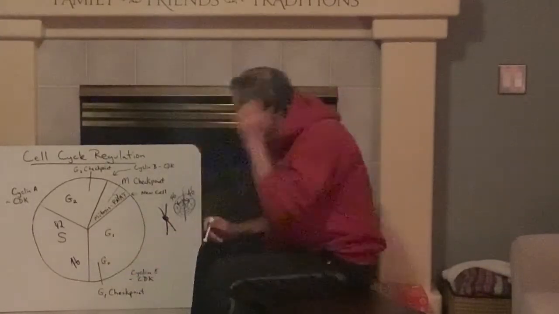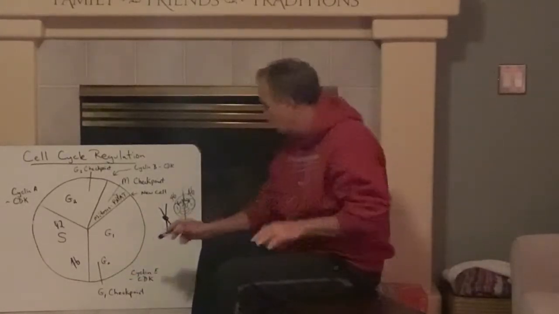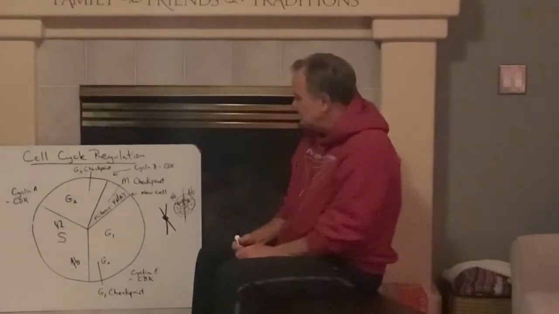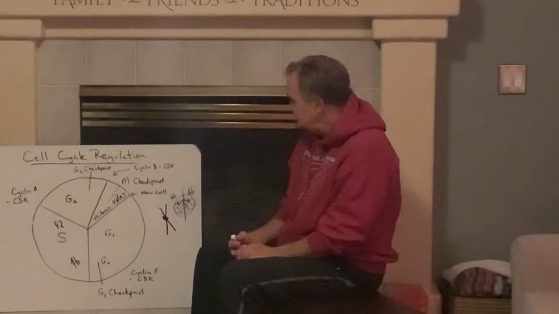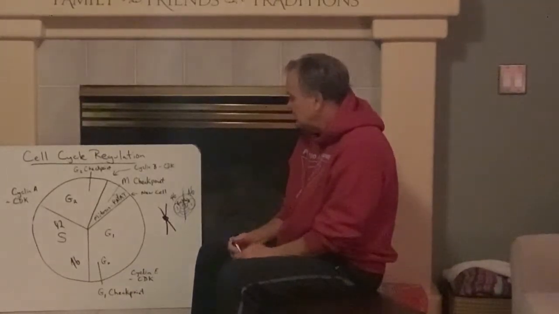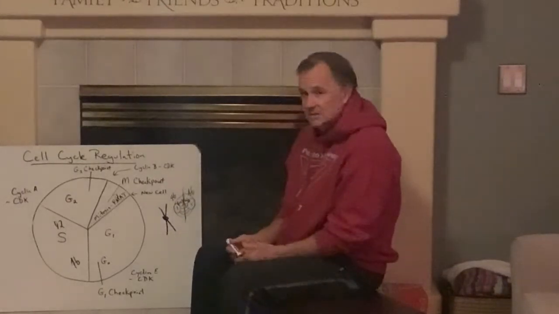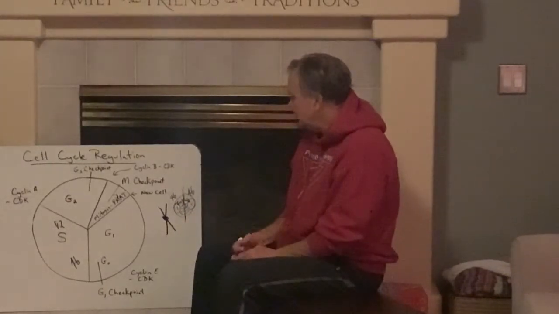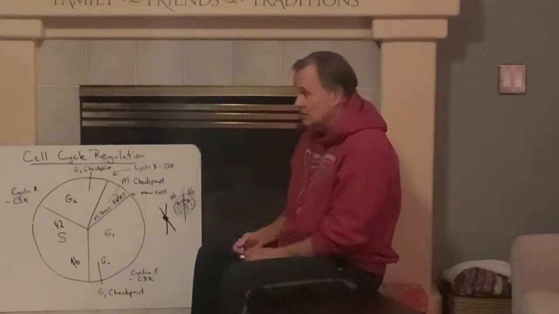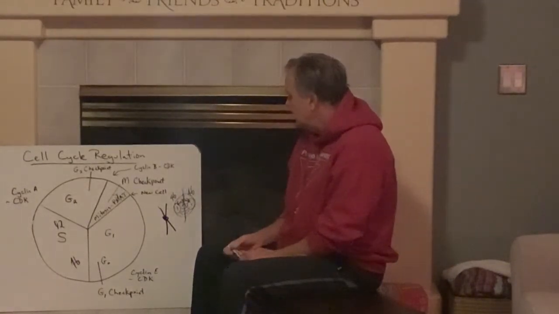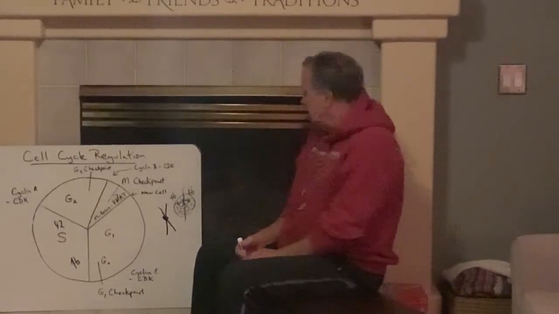It should stop at this point right here, and for some reason the cell just keeps on growing, because nothing's turning it off. It might be some sort of mutation, so you have uncontrolled cell growth, and that's not good either. That's probably what's responsible for cancer. Well, it is responsible for cancer. Cancer is uncontrolled cell growth. So that's the cell cycle.